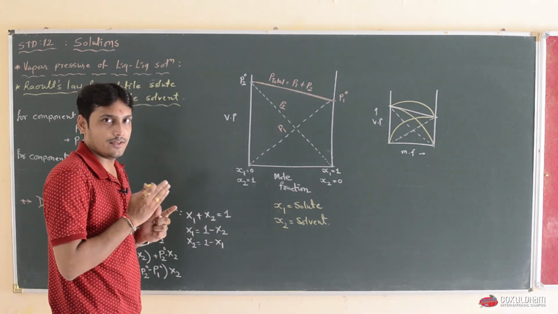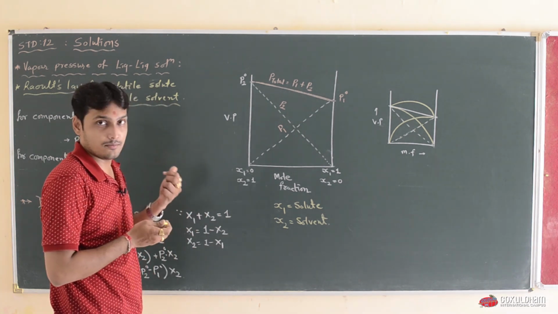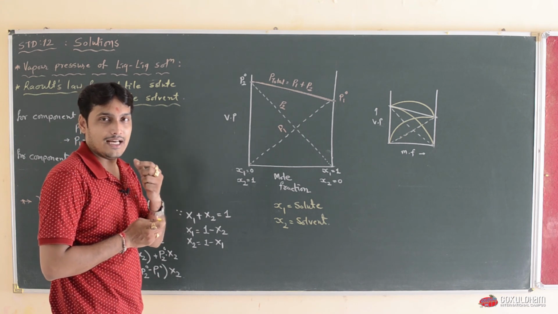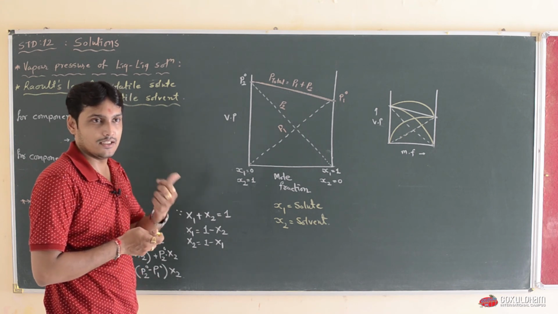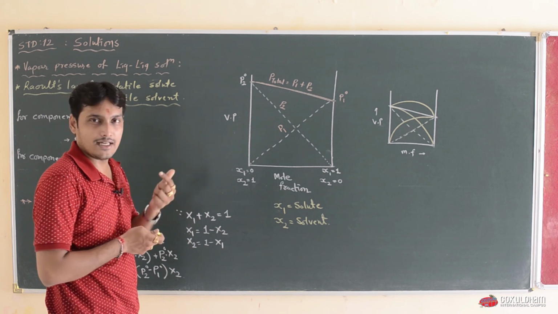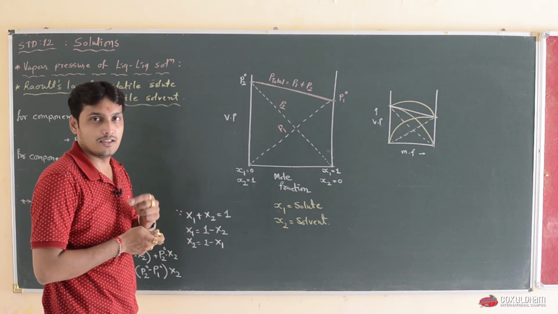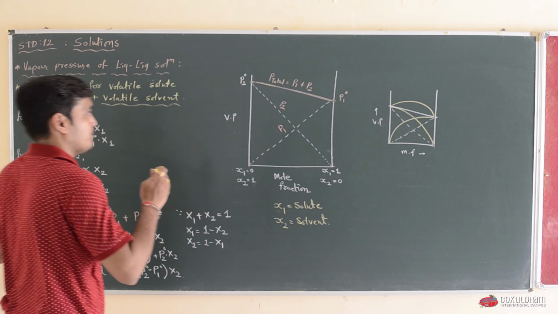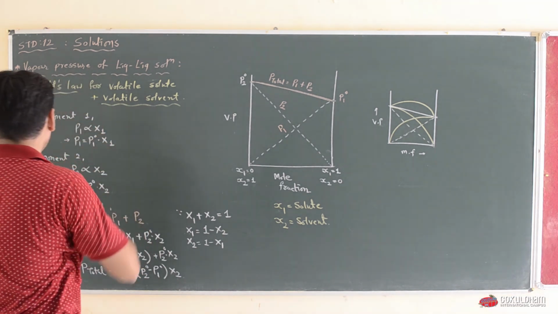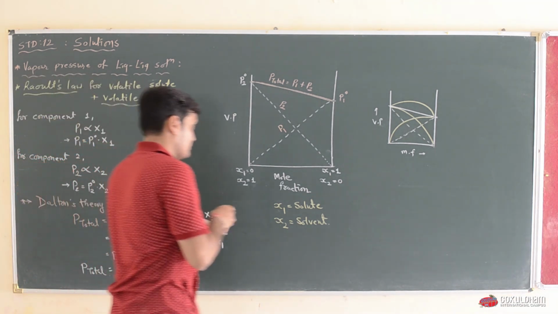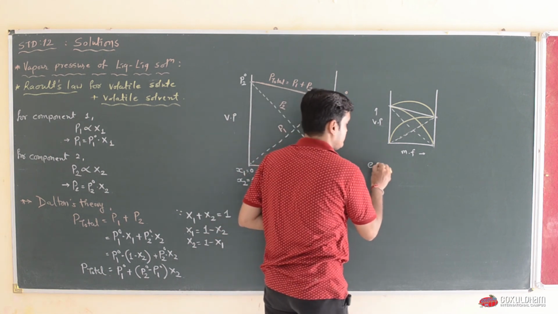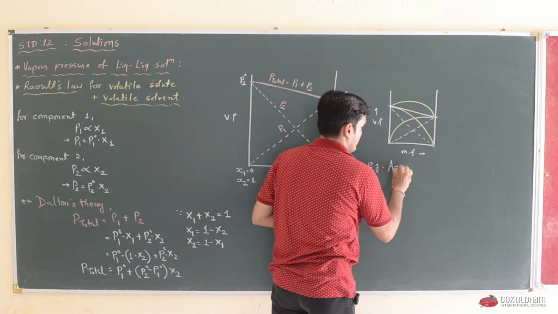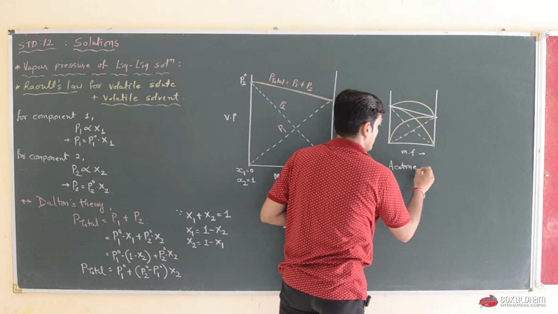Ideal solution and non-ideal solution we already discussed in our previous video, that an ideal solution always obeys Raoult's law and non-ideal solutions do not obey Raoult's law. When positive deviation takes place, the example is considered as acetone plus.